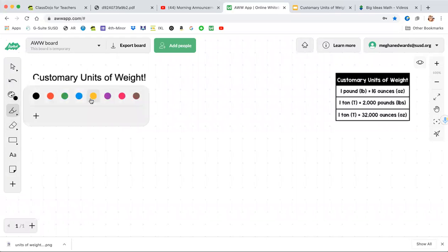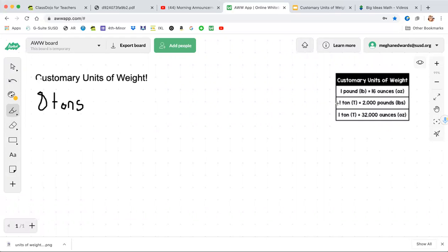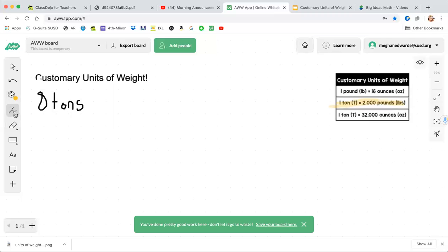We know that 1 ton is equal to 2,000 pounds. So in order for us to solve our problem, we are going to take those 8 tons and multiply it by the 2,000 pounds that is in 1 ton. So whatever that equals is going to tell us the number of pounds in 8 tons.